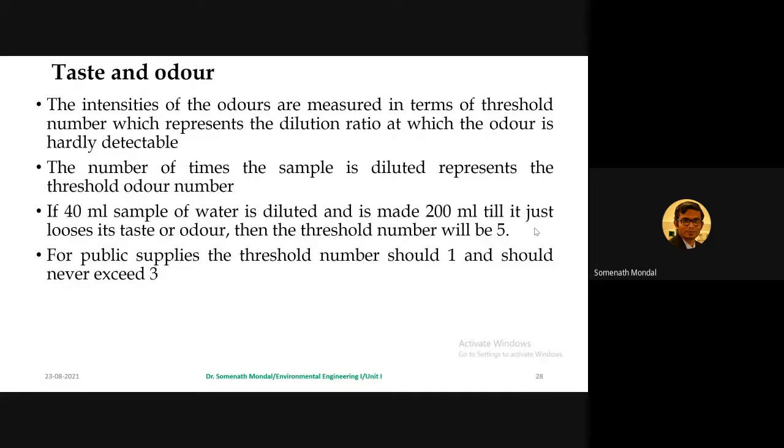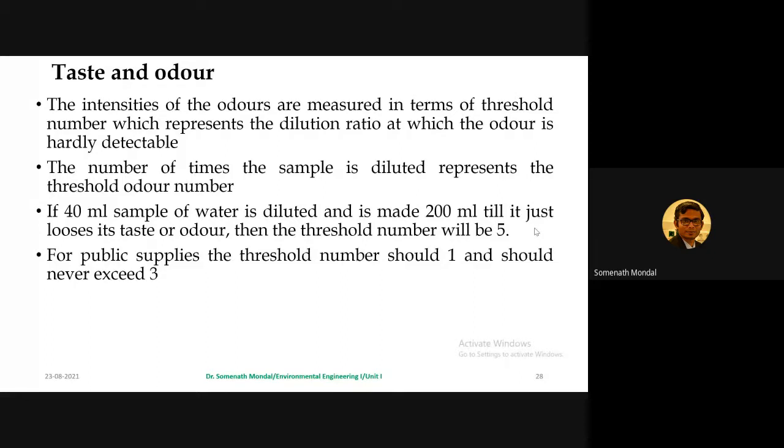Like if you get some odor in water and if you keep on diluting that water, after a certain point of time there will not be any odor present which can be detected by our nose. So that is the way the odor is actually determined. The number of times the sample is diluted represents the threshold odor number.